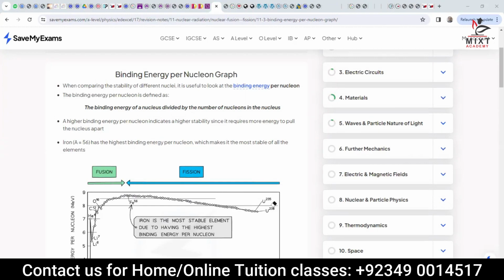Highest binding energy means the most stable element, which is iron. You know what it tells you? It means that before iron and after iron, you will have binding energy per unit nucleon: the first one is increasing, the second one is reducing.